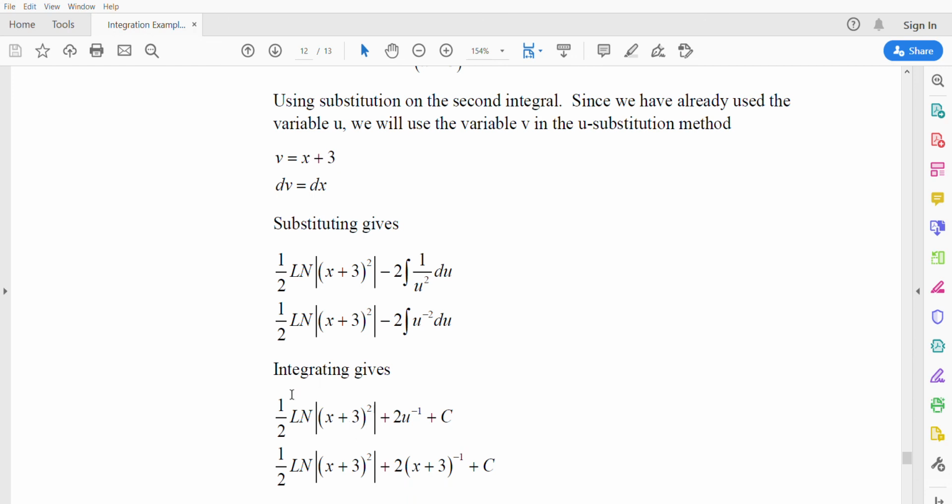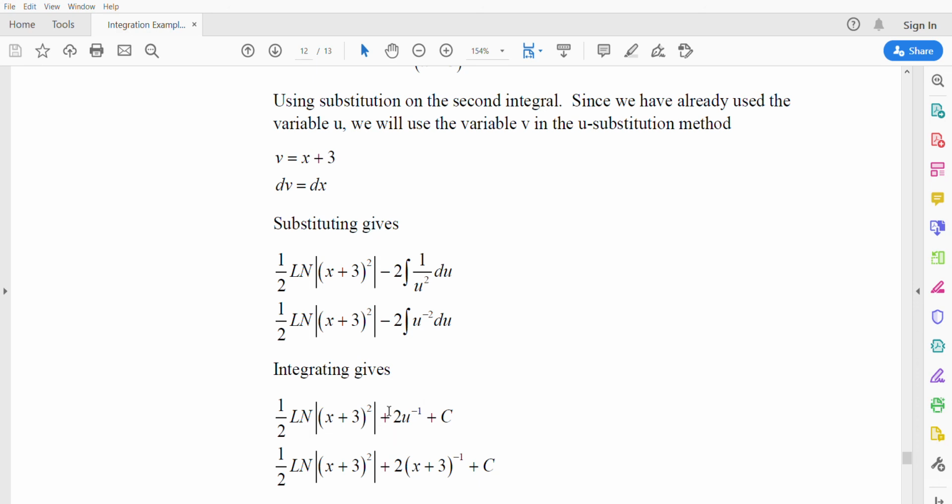If we integrate, the first one still stays the same, 1/2 times the natural log of the absolute value of x plus 3 squared, plus, adding 1 to the exponent, the exponent becomes a negative 1. Negative times negative makes that a plus. Negative 2 plus 1 gives me a negative 1, dividing by the new exponent.